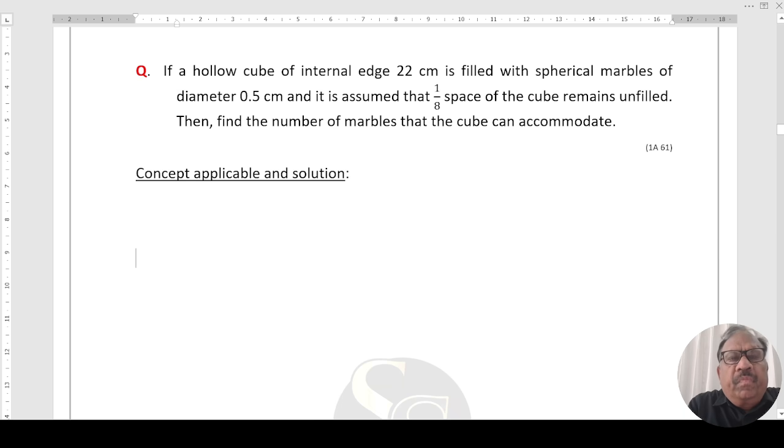Question is, if a hollow cube of internal side 22 centimeter is filled with spherical marbles of diameter 0.5 centimeter and it is assumed that 1/8 space of the cube remains unfilled, then find the number of marbles that the cube can accommodate.